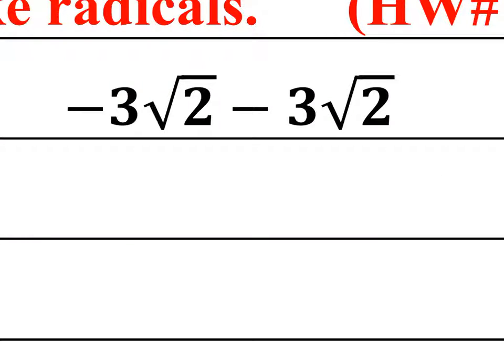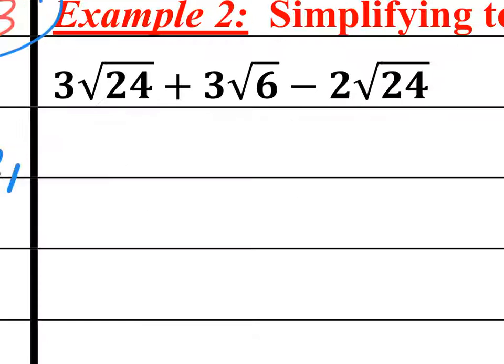They both have root 2. So negative 3 root 2 minus 3 root 2. Keep the insides the same, so it's going to be something root 2. What's going to be on the outside, guys? Negative 6.